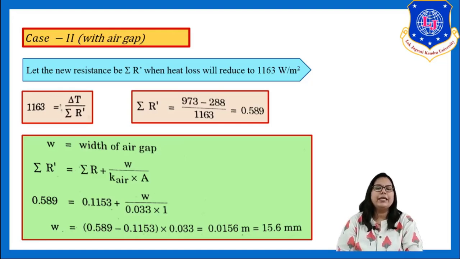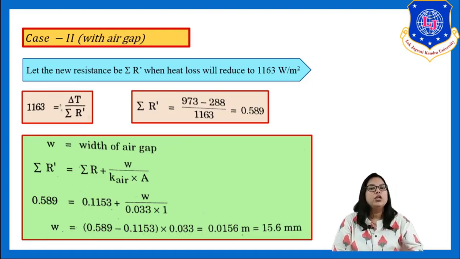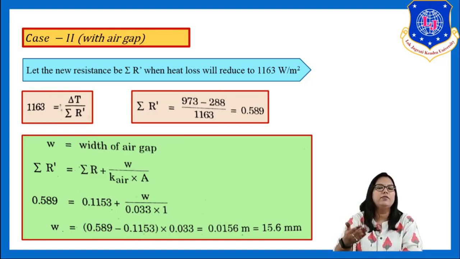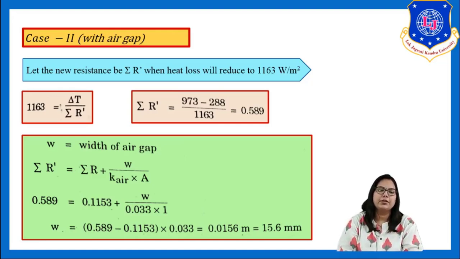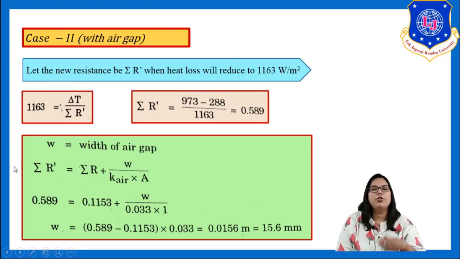In case 1, we calculated the Q value for the simple composite wall, and in case 2, the Q value is given, but we have to calculate the width of the new material which is introduced. The equations we use are the same in both cases, but the value we are finding is different.